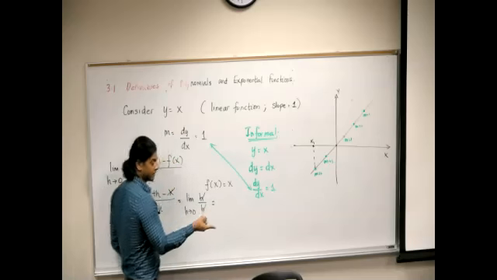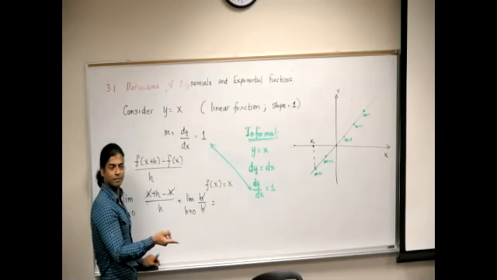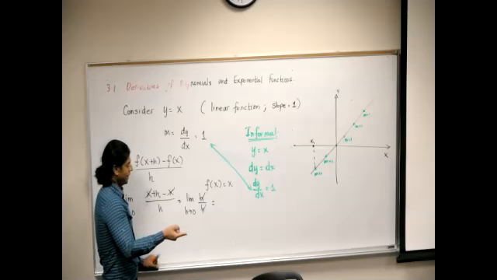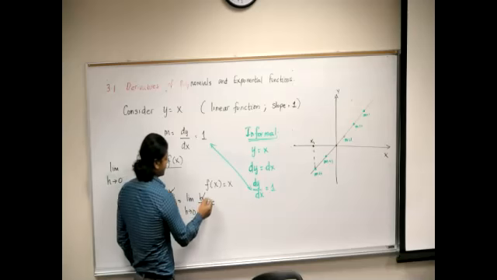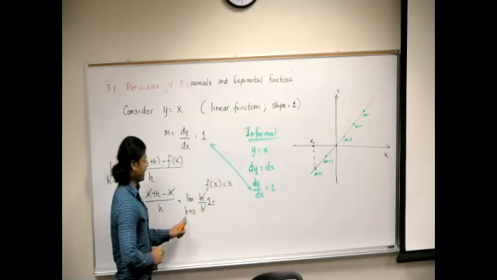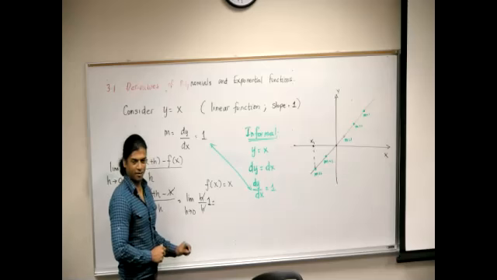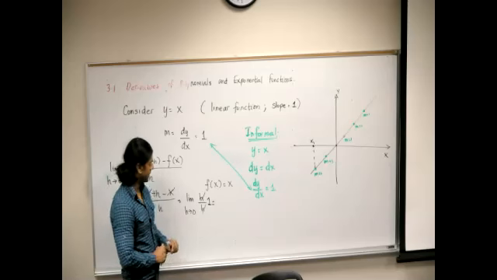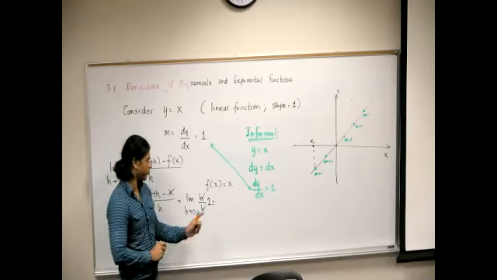Limit of a constant. We have 1 here. If h approaches 0, what happens to 1? Well, h is getting smaller, but what about 1?